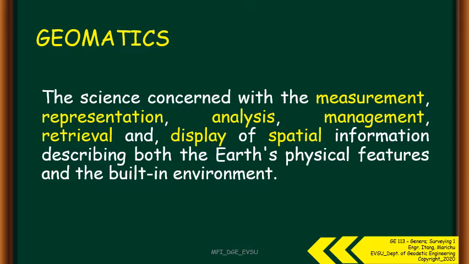So again, we have here the science concerned with the measurement, representation, analysis, management, retrieval, and display of spatial information. So the definition was compressed earlier. Measurement is the actual measuring of angles and distances. Representation is the making of, for example, maps. Analysis is understanding what is on the map. And management is, for example, deciding what to do with what we saw on the map.